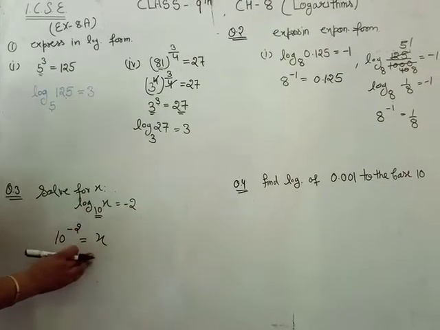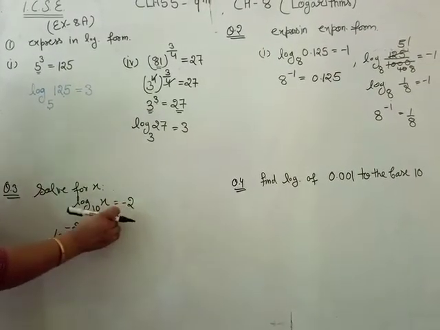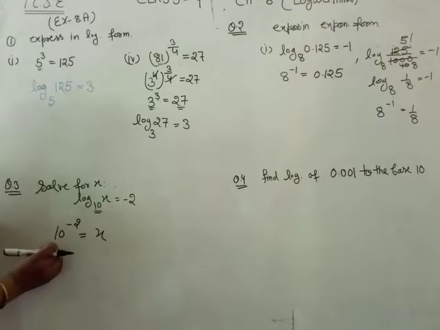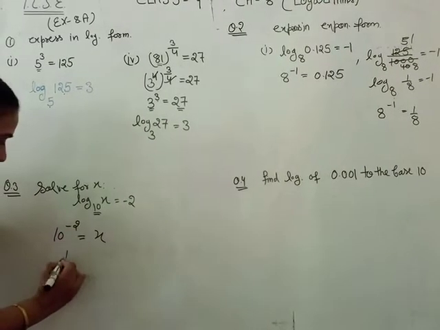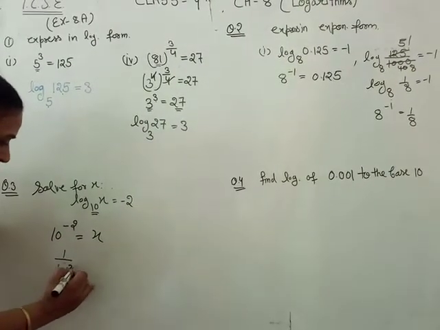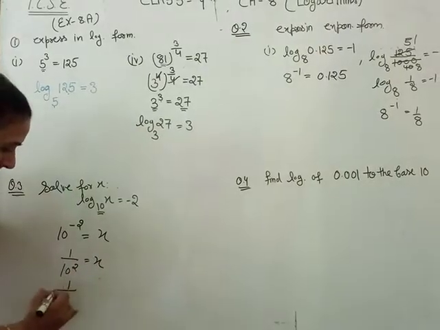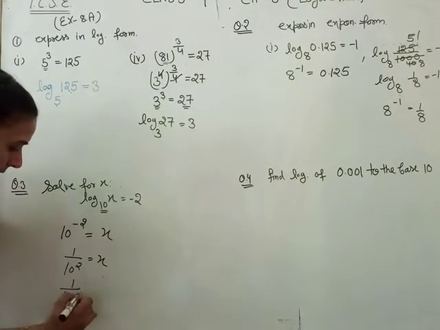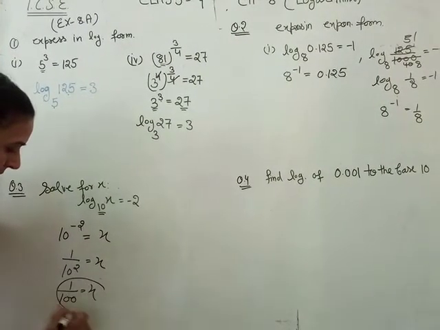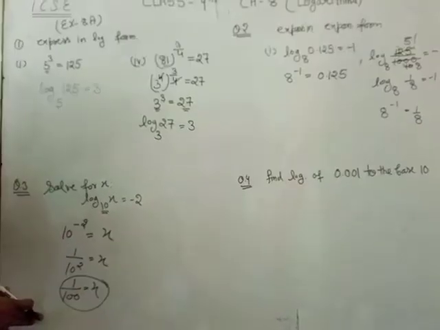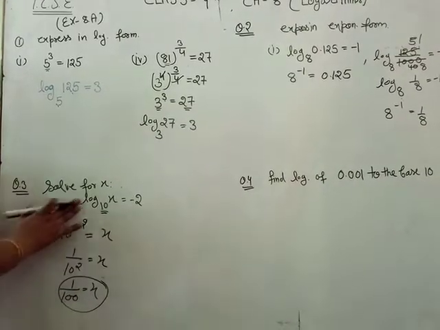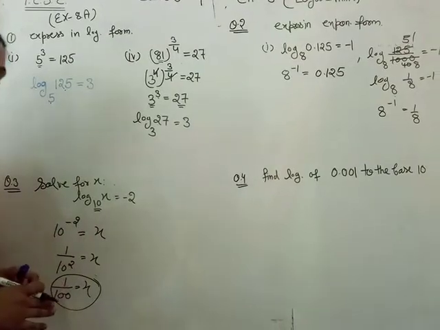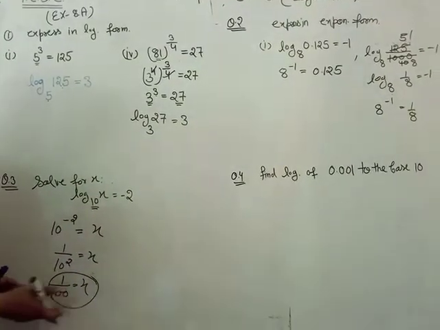This is the exponential form of this. And 10 raised to the power minus 2 equals 1 by 10 square, and this equals x. 1 by 10 square means 1 by 100 equal to x. Student, the value of x equals 1 by 100.